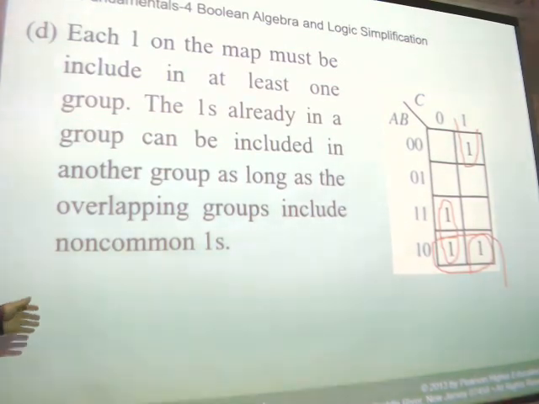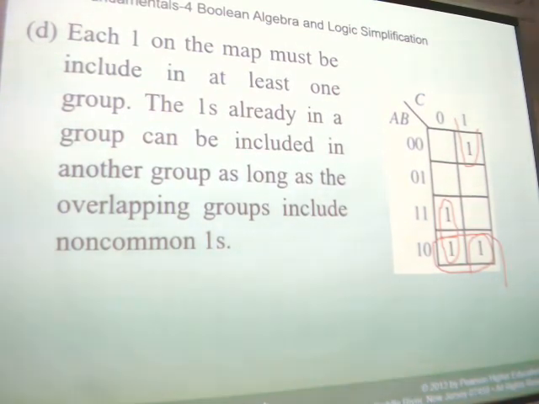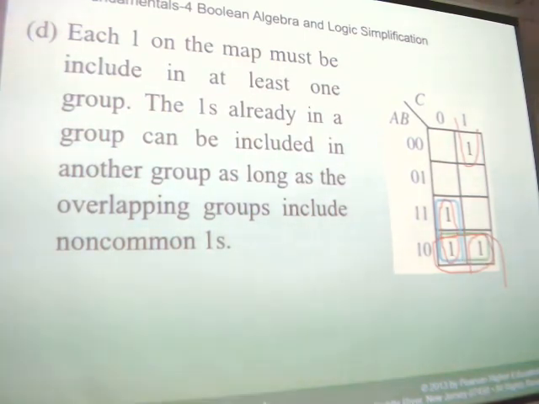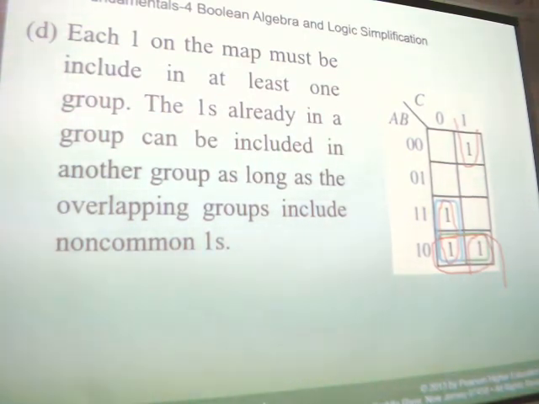So there are only 2 groups, because the two groups include all ones. The 2 groups have included all ones.